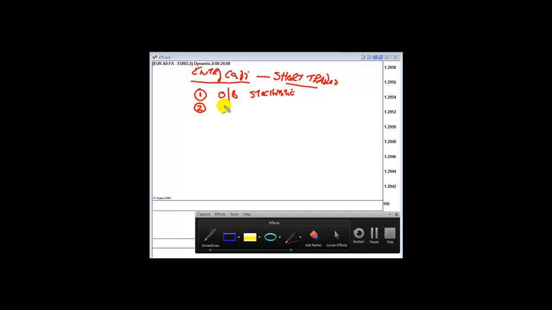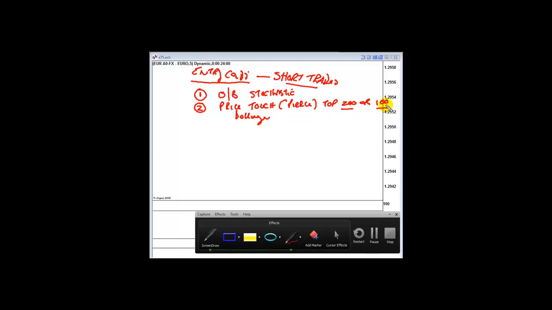Entry condition number two, we want the price to touch or pierce the top 200 or 100 Bollinger. So it could touch the top 100 or the 200 Bollinger Band.